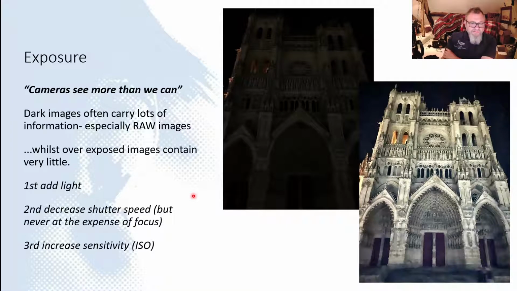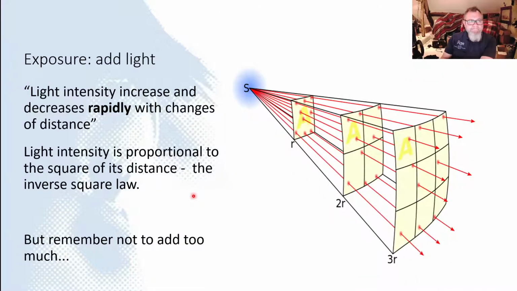Finally, we can change how sensitive the camera sensor is to light by altering the ISO. The shutter speed and ISO are two things you can change in certain camera apps, but most of the time it's about adding more light. In terms of adding more light, an important concept to remember is that the intensity of light is inversely proportional to the square of its distance.